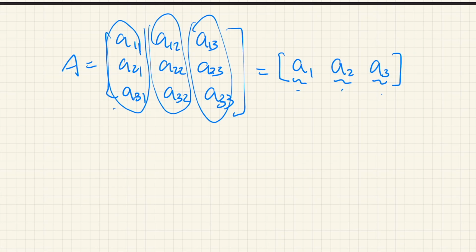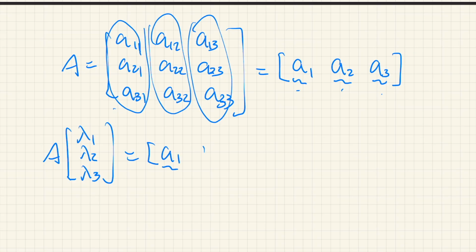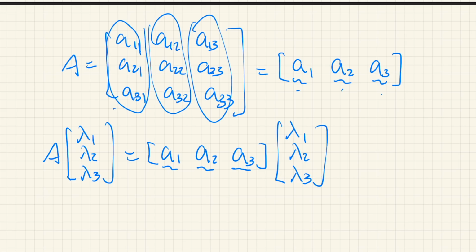For example, if we multiply this matrix by a column vector, let's say lambda 1, lambda 2, lambda 3, then we have A1, A2, A3 times lambda 1, lambda 2, lambda 3.